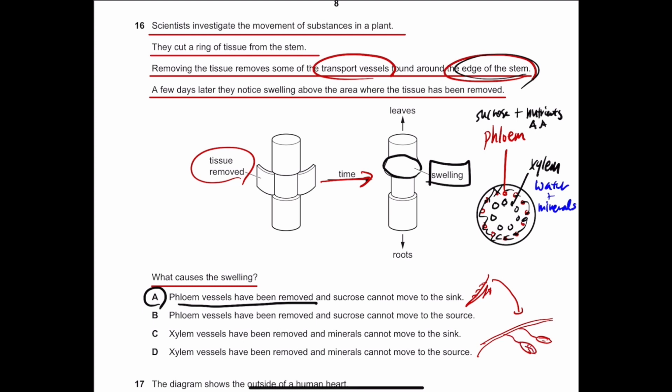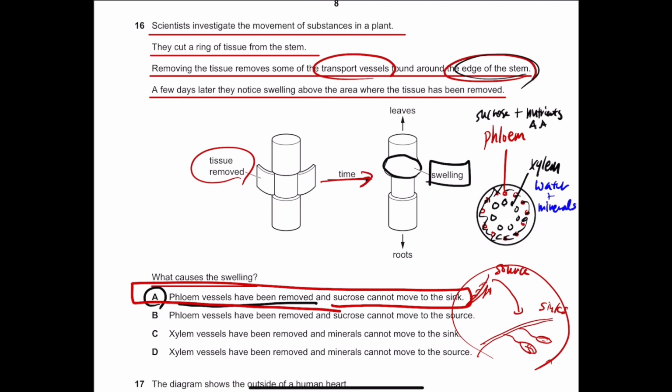So in spring, the roots are now the sources and the stems are now the sinks. Okay? So that's the concept of sink and source. Anyways, the answer for this question is A.